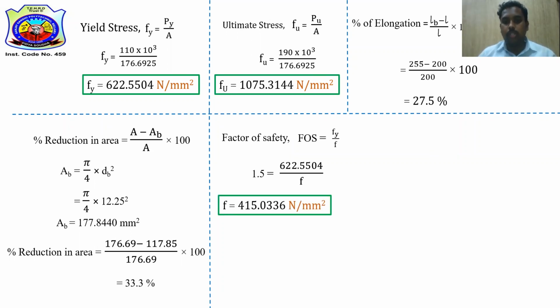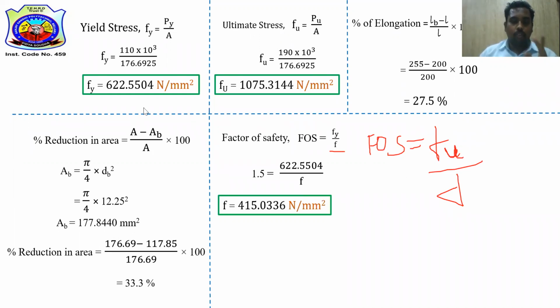It's very important, students. Once again, I'll explain the factor of safety. We have two formulas. One is the formula I have written, and one more formula is FOS equals Fu divided by F. You need to be very careful about which formula to use.